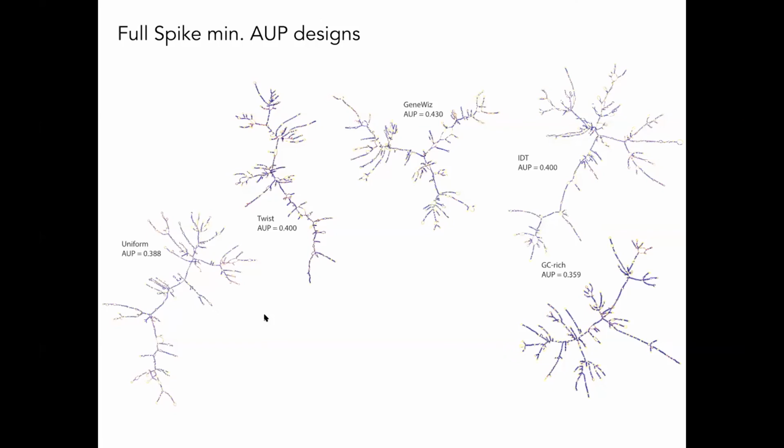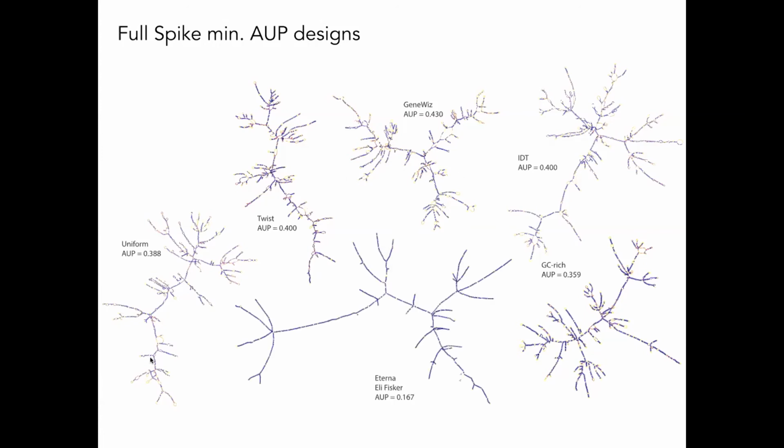And so for that larger mRNA, here are structures from all those other control methods. And then we did indeed see that Eterna players could reach twofold, and I think in this case, even threefold stabilization of AUP. And so this is the structure of the solution from Eli Fisker with the lowest AUP for the full spike mRNA.